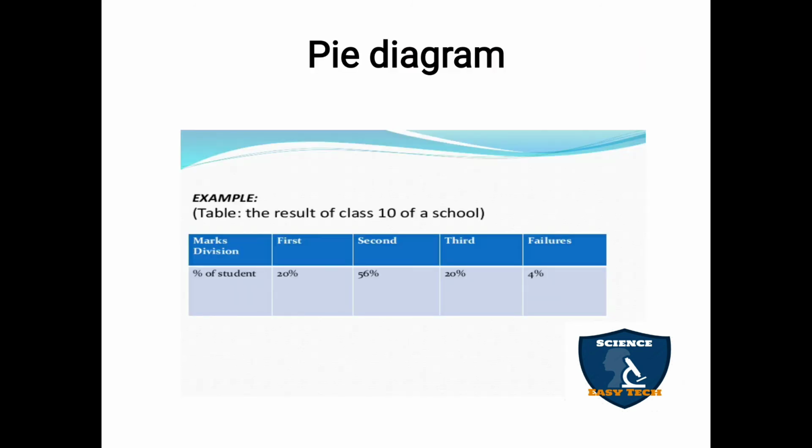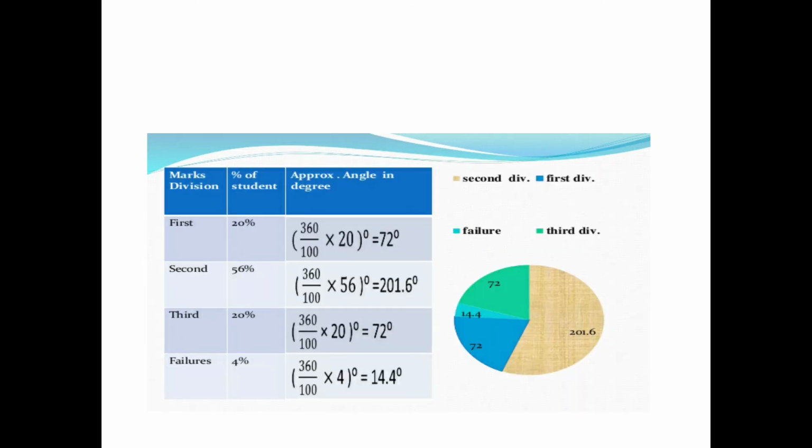See here, the percentage of students who obtain first class is 20%, second class is 56%, third class is 20%, failures is 4%. When you add all these percentages, it should come to 100. So 20 plus 56 plus 20 plus 4, it is 100%.